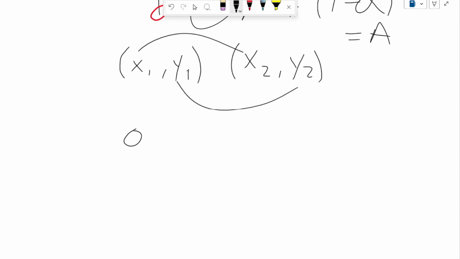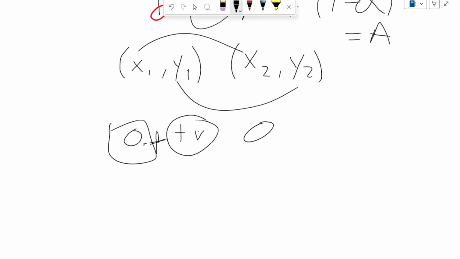Origin plus t times v. So this is like some point plus t times v. So the origin and v are both going to be in R2. Do people know this definition?